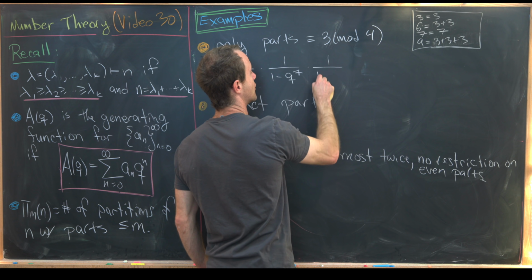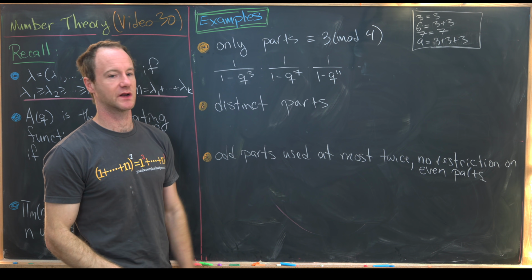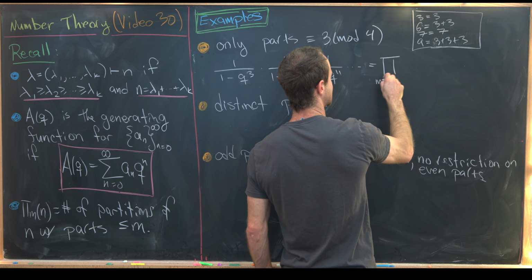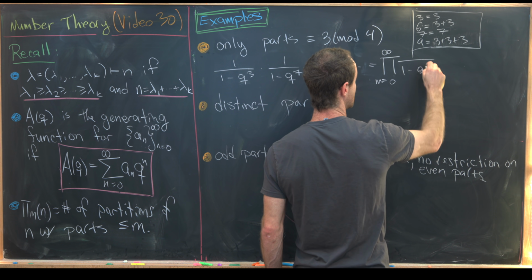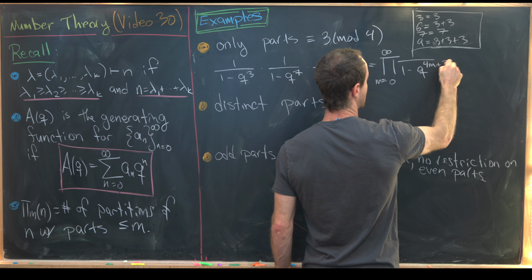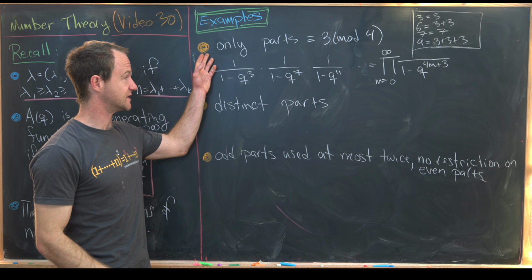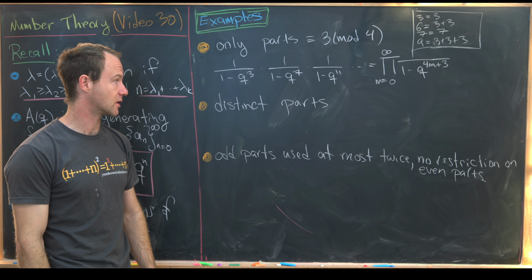The next one will be 1 over 1 minus q to the 11. That'll be parts equal to 11, and so on and so forth. So we can put this all together and have the product as m goes from 0 up to infinity of 1 over 1 minus q to the 4m plus 3. So that's our generating function for partitions only using the parts that are congruent to 3 mod 4.